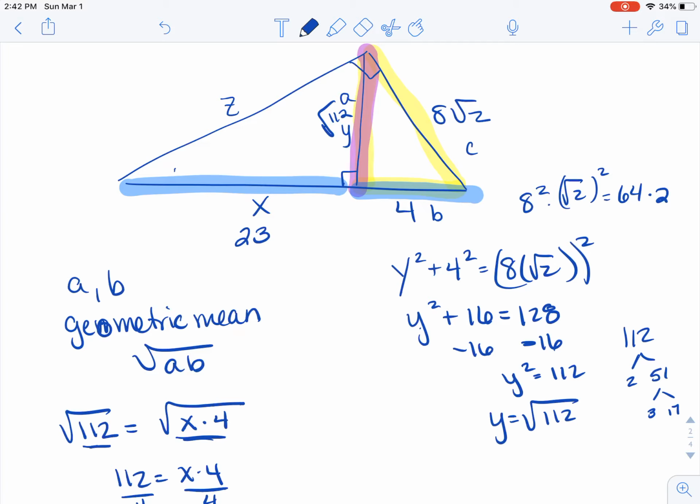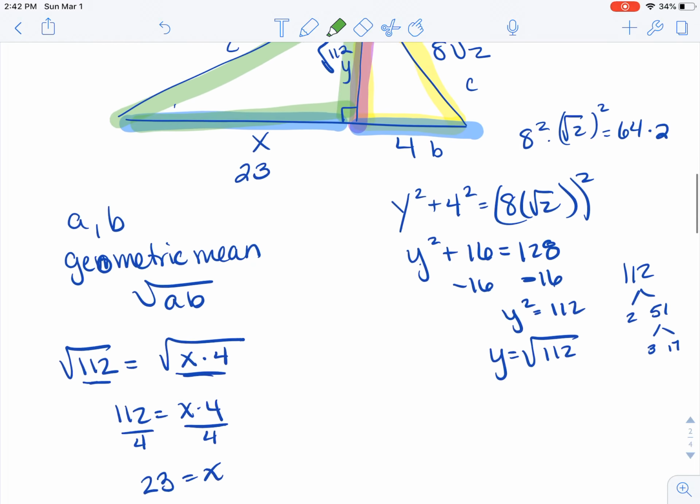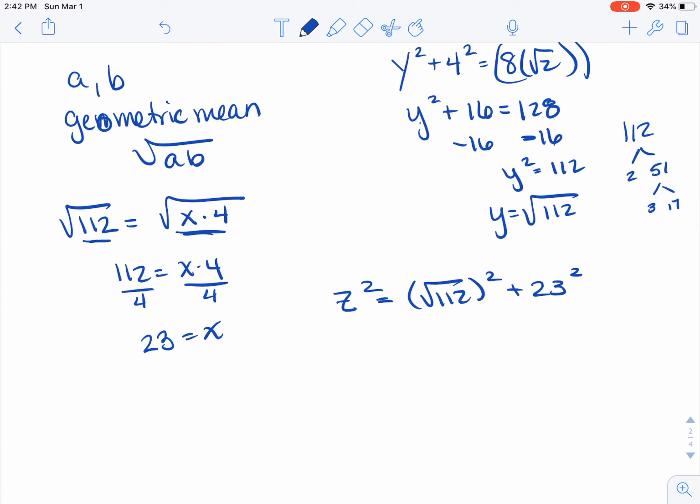And now we can use the Pythagorean theorem to solve for this hypotenuse, since these two are the legs. So to find z, we could say z squared equals the square root of 112 squared plus 23 squared.